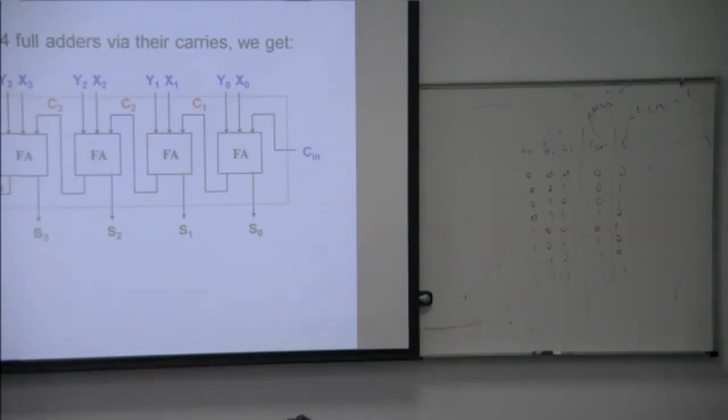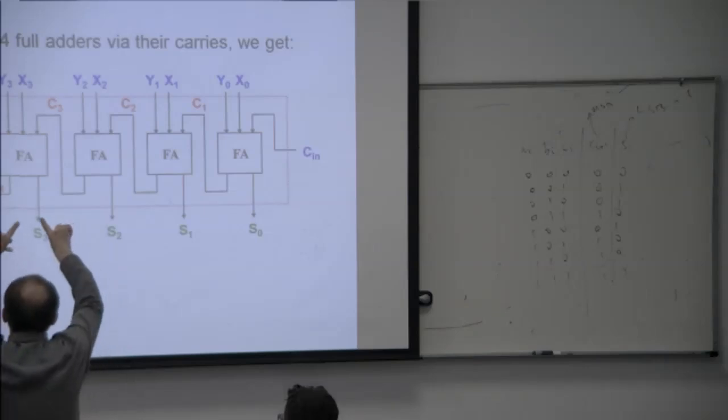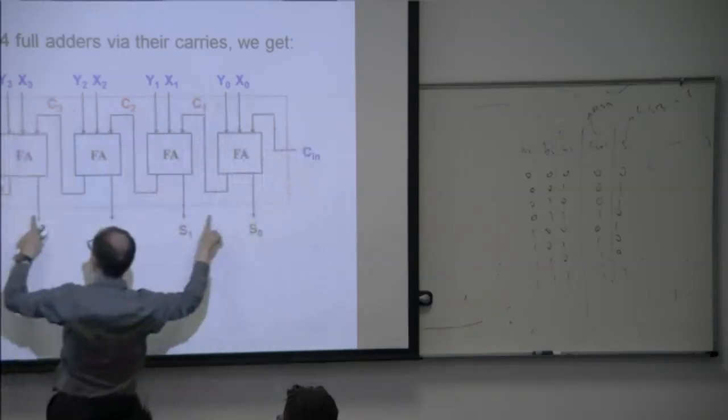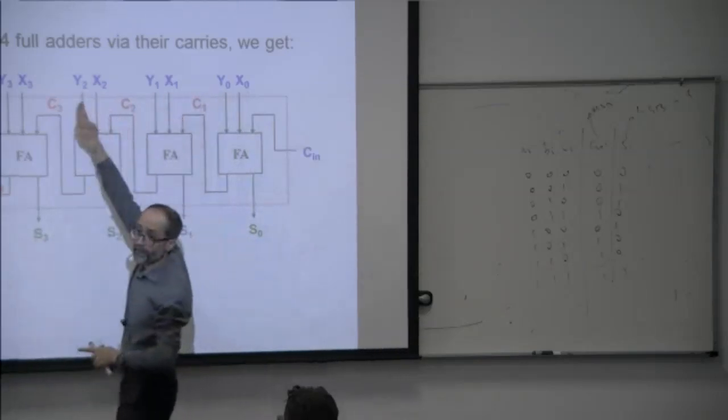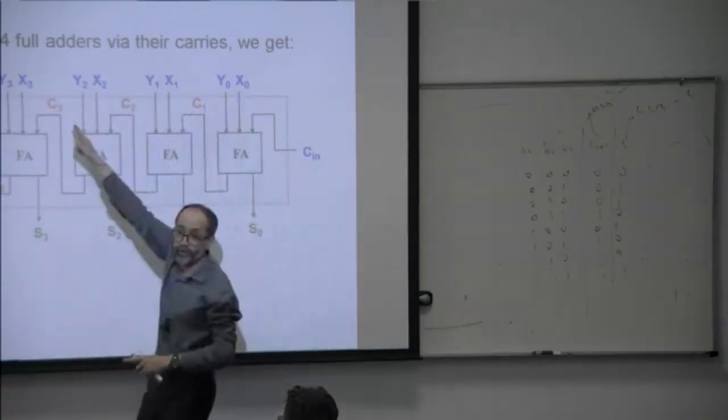If you look at the observation, there is a blue thingy, a red thingy, and a green thingy. What is the blue thingy? What is the red thingy? What is the green thingy? Blue are the inputs, the red are the intermediate signals within the block, and the green are the outputs. So this is the complete block diagram of a 4-bit adder with the inputs X0, X1, X2, and X3 and Y0, Y1, Y2, and Y3.